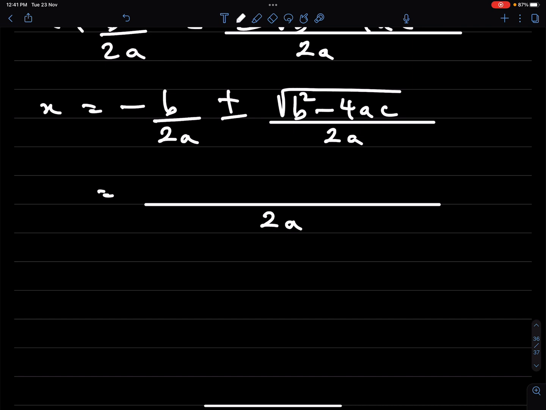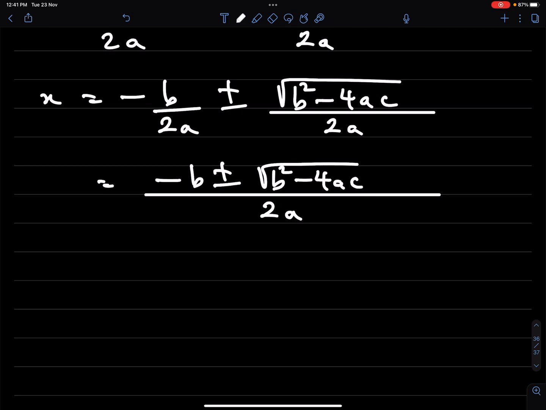I'm combining the two fractions on the right hand side now, and that means x equals minus b plus or minus root b squared minus 4ac, all over 2a. And that is it simply. That's the quadratic formula. So that's how we can derive the quadratic formula from the general quadratic equation by completing the square method.